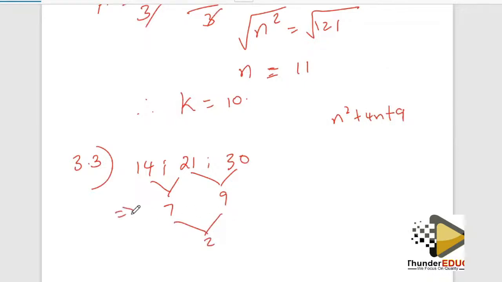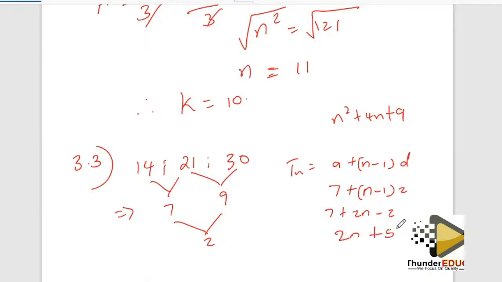Okay, so remember, the first difference will always represent an arithmetic. And you know that with an arithmetic, it's a plus n minus 1 into d. Our first term is 7 plus n minus 1, the common difference is a 2. Open that up. It's going to be 2n minus 2, which is going to be 2n plus 5.